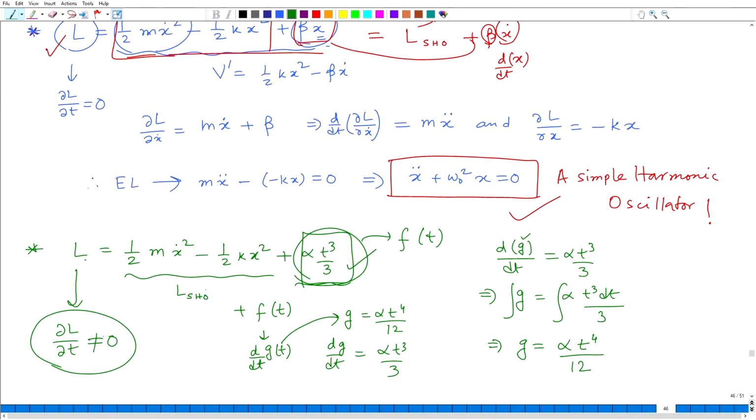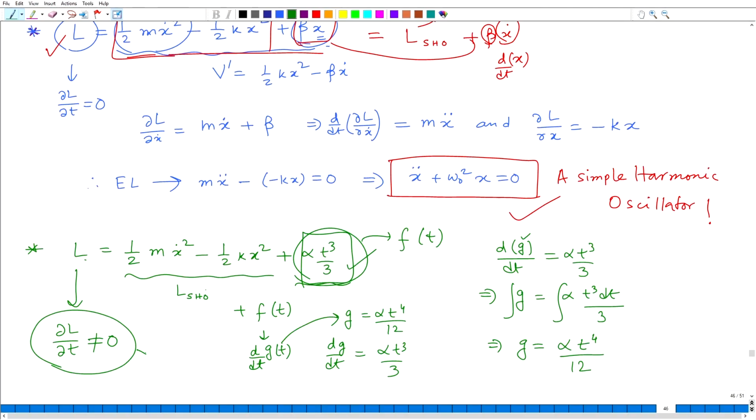On the other hand, we saw that del L del t is not equal to 0. So, the function which we defined, if you remember, if this is not equal to 0, then of course L minus the summation over del L del q_i dot q_i dot is not conserved. But we have seen for a simple harmonic oscillator, this is equal to the total mechanical energy.